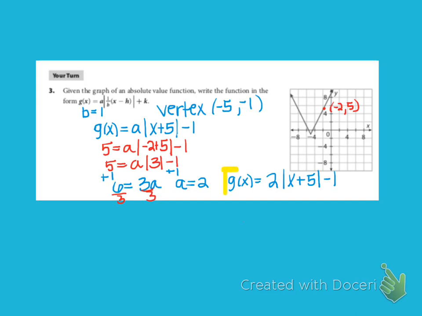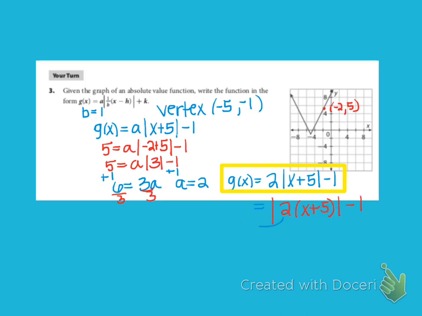Now had I chosen to say that A was 1, in other words, that this was a horizontal transformation of some sort of stretch or compression, then that would have made B equal to a half. So if I found the B instead, the B would have been a half, because then 1 over 1/2 is 2. And so the alternate version of this equation could be this.